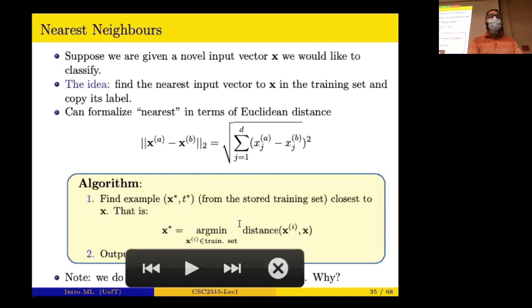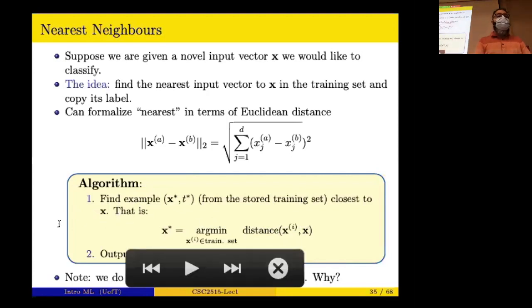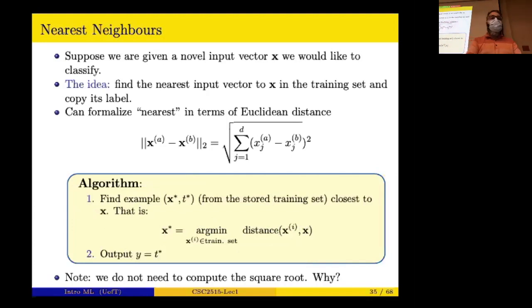So if you compute the distance of each of the xi's to x, like one is distance 0.2, the other is 0.5, the other is 10, compute all the distances and then take the label of that nearest neighbor and assign it as our label. And there's this note that we don't need to compute the square root actually for this algorithm, but I let you think about why that's the case.